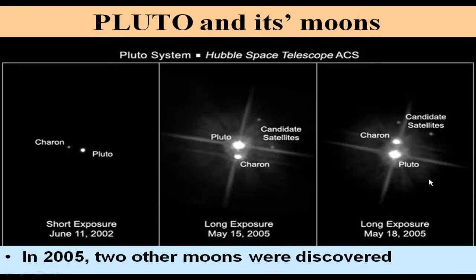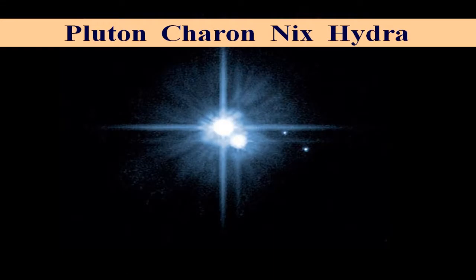So Pluto has 3 moons. Those moons have now been named Nix and Hydra. So Pluto has Charon, Nix, and Hydra, which are 2 more attendants to Pluto.